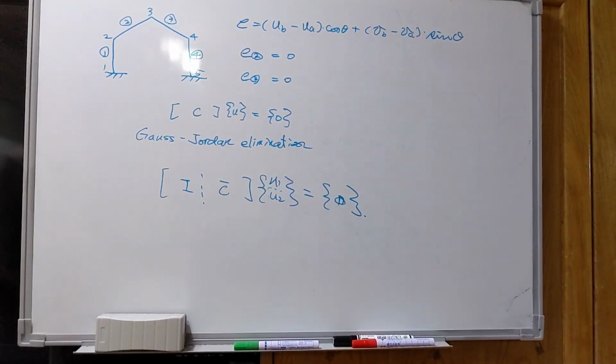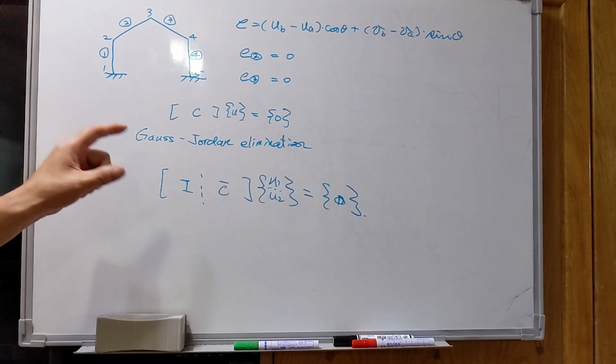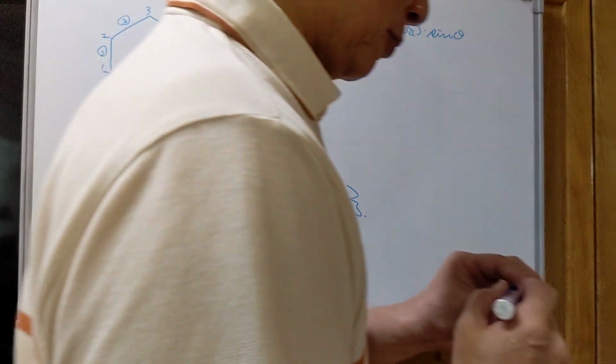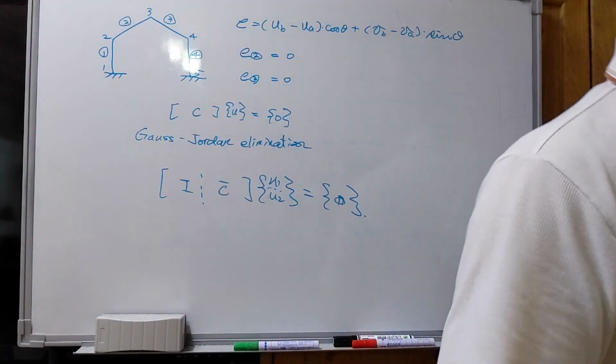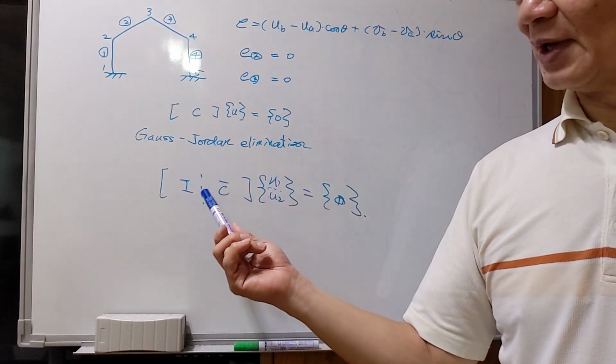Then after we finish the Gauss-Jordan elimination method, we can make the partitioned part of the matrix.